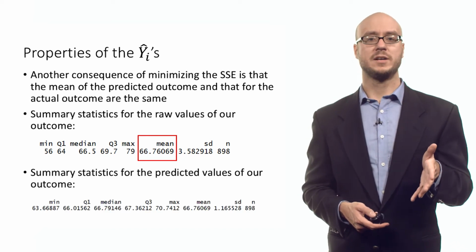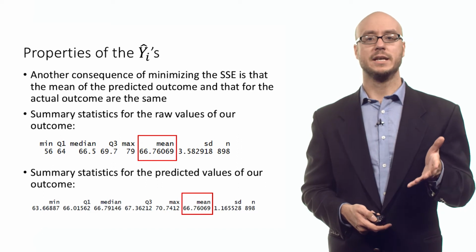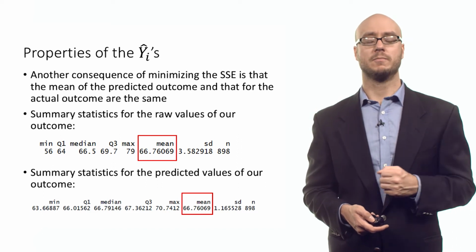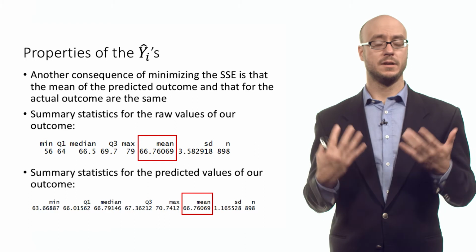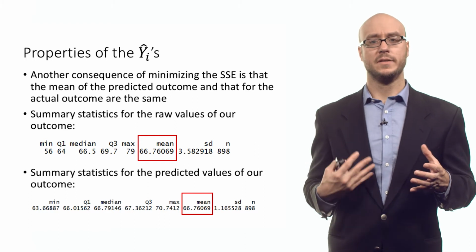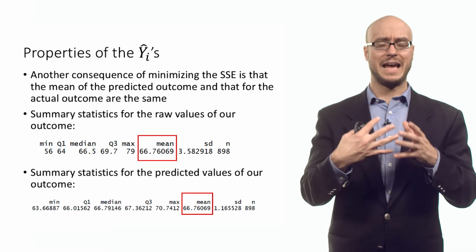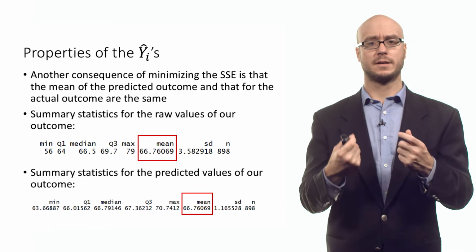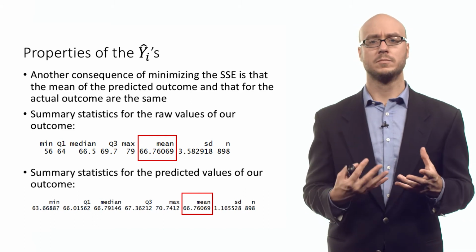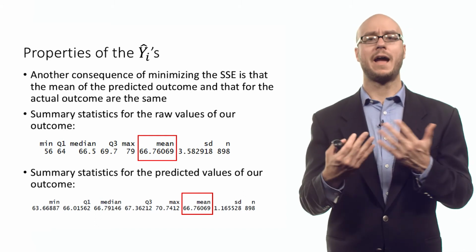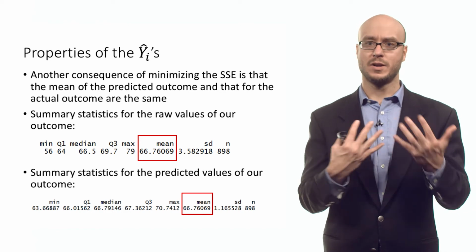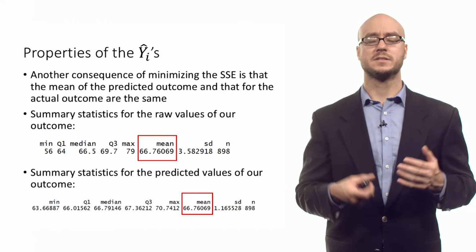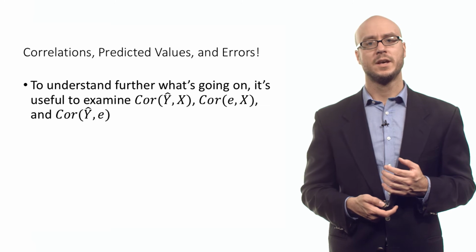If we look at the predicted values of our outcome, that average is identical within rounding error. This is interesting because it tells us that overall, in terms of the average calculation for our outcome, the y and the y-hat have this similarity. They're not all that different, at least in some of the summary statistics.